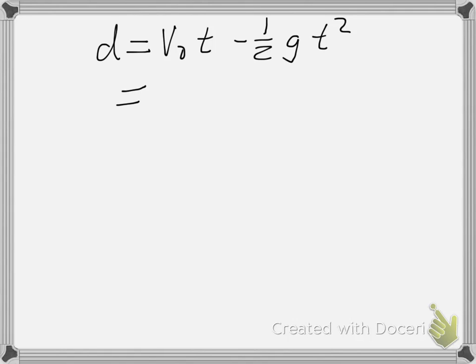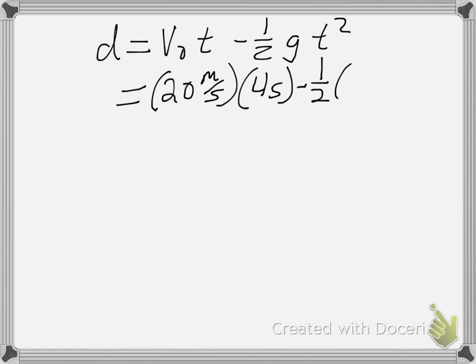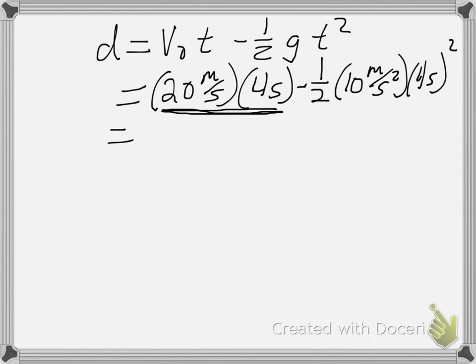So let's see if that's true. So 20 meters per second times 4 seconds minus 1/2 10 meters per second squared times 4 seconds quantity squared. Right? So our first set of factors will give us 80 meters. I keep wanting to write meters per second, but it's going to be 80 meters.